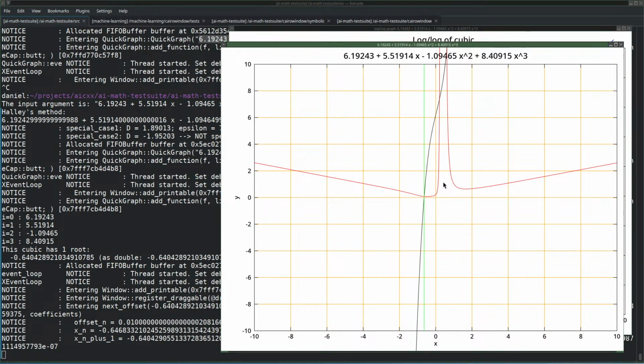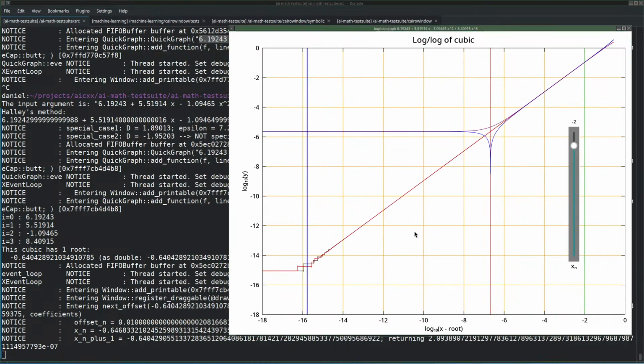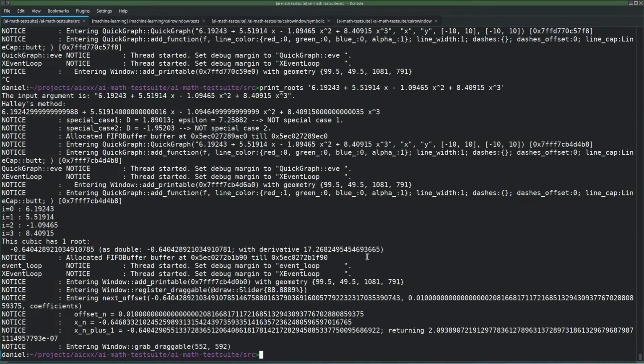Now this one has an enormous spike around this area, so maybe we started at the wrong point, and then it took a very long time before we arrived at the real root. Maybe that's why it stopped. But the eventual accuracy seems pretty high with that one.